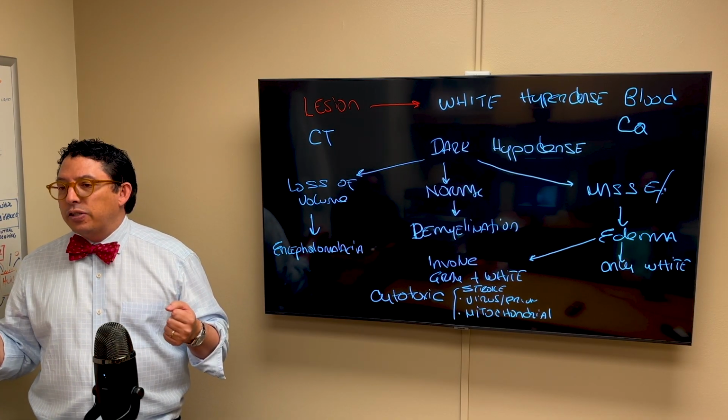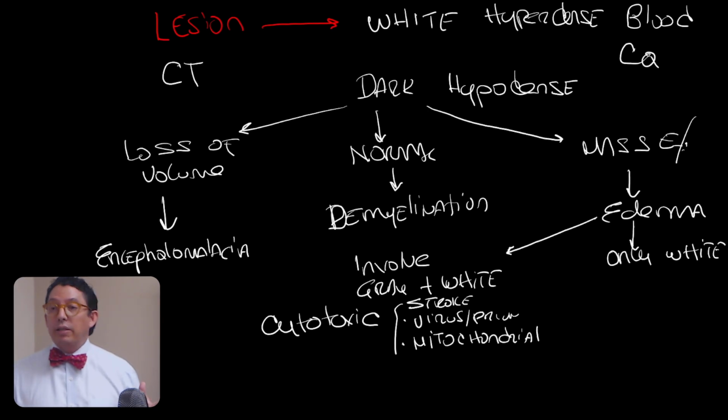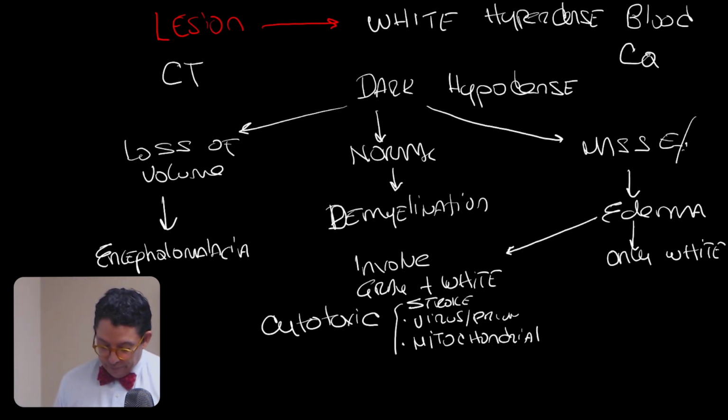So when it floods, because the blood-brain barrier is not working right, the water will accumulate in the white matter, and that's what we call the vessel wall leaking, and that's vasogenic edema, which is the other edema.